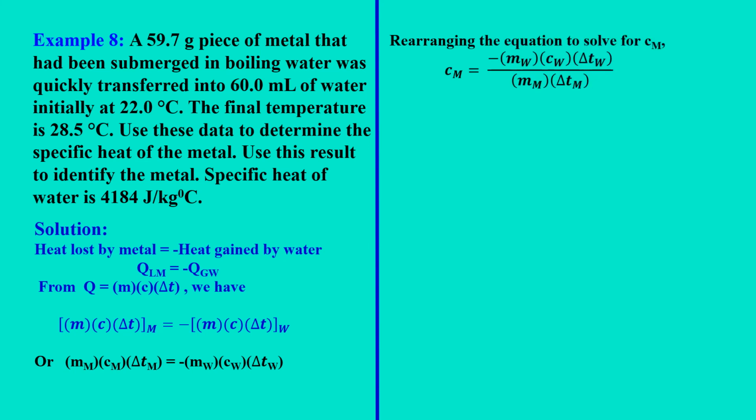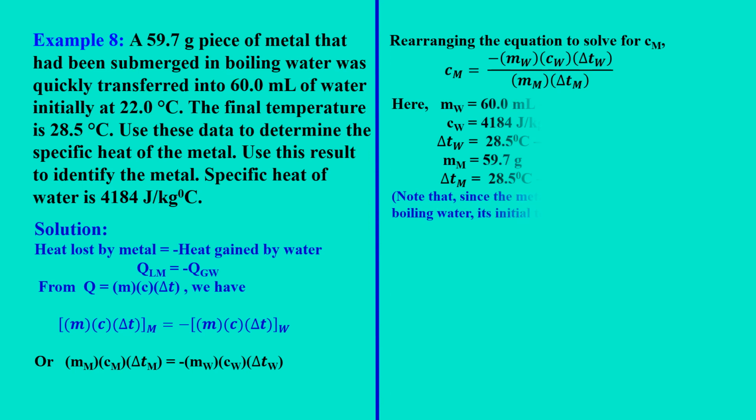Rearranging the equation to solve for specific heat of the metal, we have Cm is negative mW, Cw delta Tw divided by m sub m divided by delta T sub m.